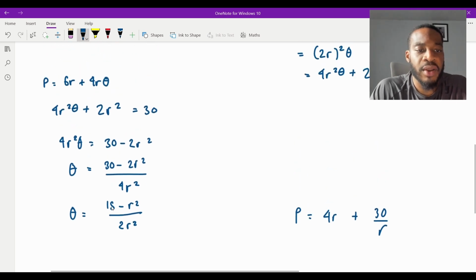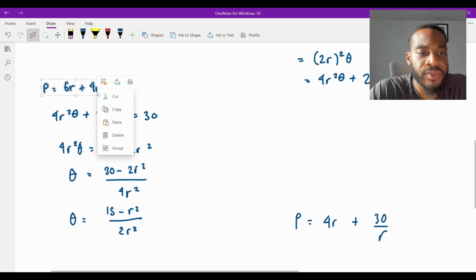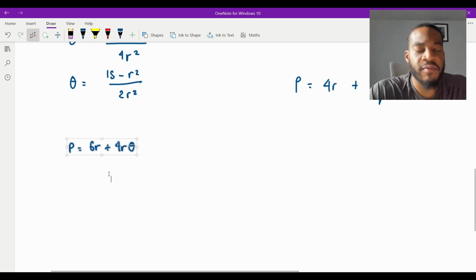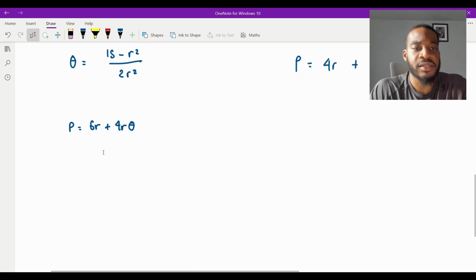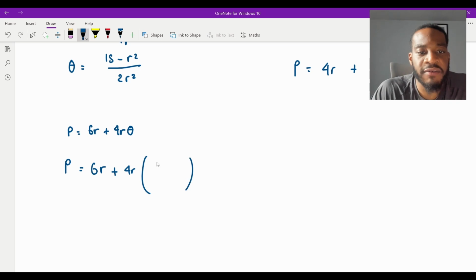So I'm going to plug in theta into my equation for the perimeter, which was here. That will give me P is equal to 6r plus 4r, and then theta I now know is 15 minus r squared over 2r squared.